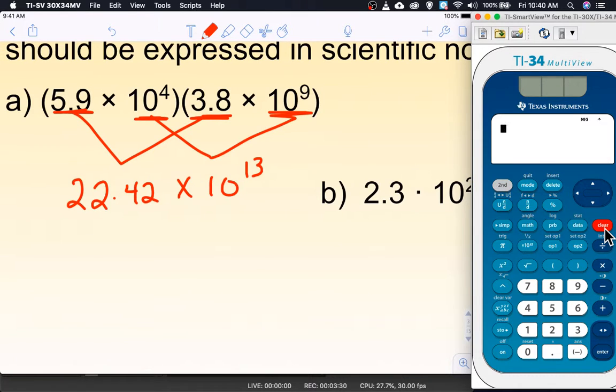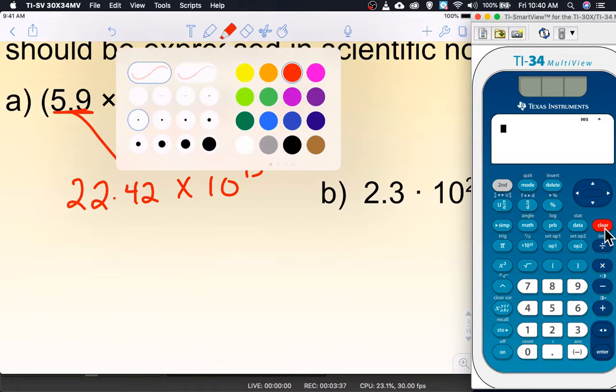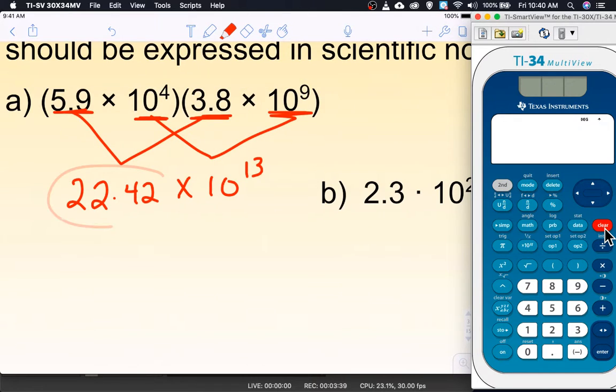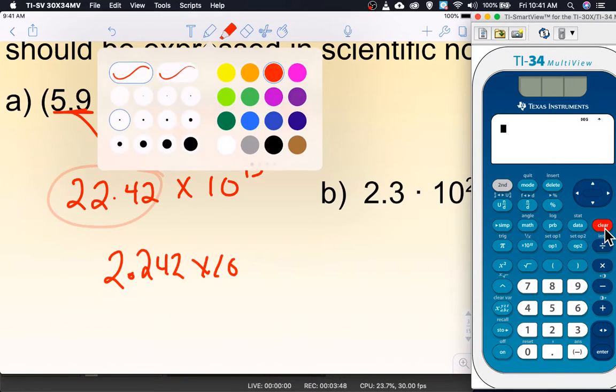Now the last step is checking to make sure our answer is in scientific notation, but it's not. Oops, this piece is too big. We need to rewrite this as 2.242 times 10 to the something.